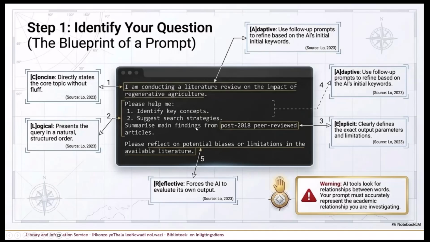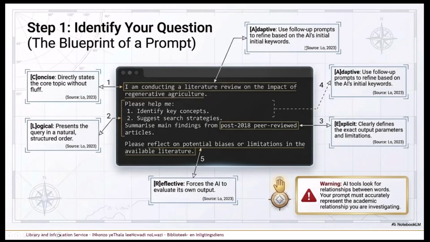So this uses the CLEAR framework for prompting and for finding information. Be concise: directly state the core topic without fluff. Be logical: present the query in a natural, structured order.